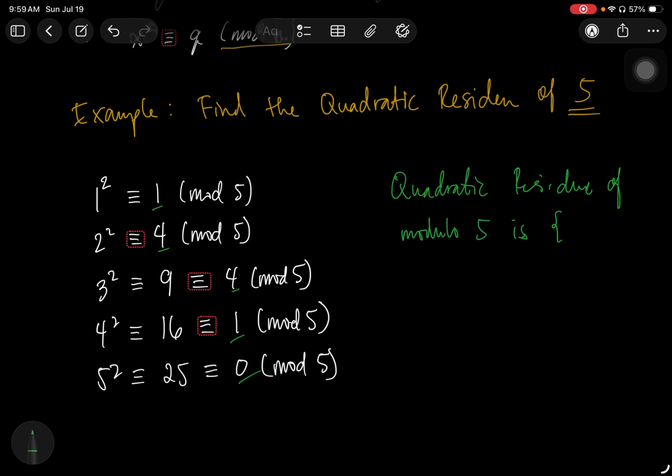Since this is a set, we only count each once. So your quadratic residue for modulo 5 is 0, 1, and 4. That's it.